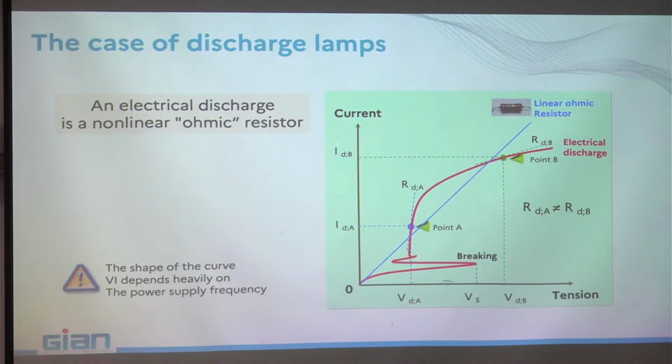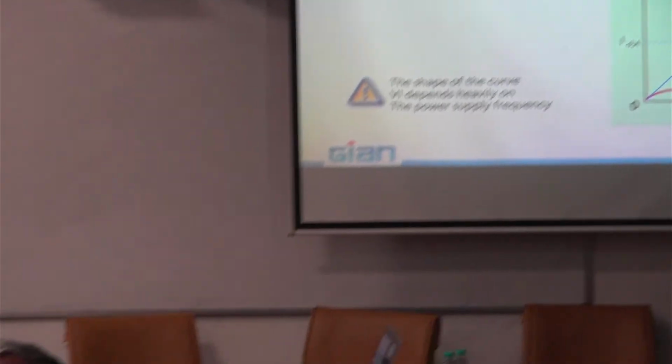Okay, and the shape of the curve changes as a function of the power supply frequency. Why? Because inside the discharge there are different physical phenomena with different characteristic times. One of the slowest of those phenomena is what we call diffusion inside the plasma, and you have an associated characteristic time which corresponds to a few kilohertz.